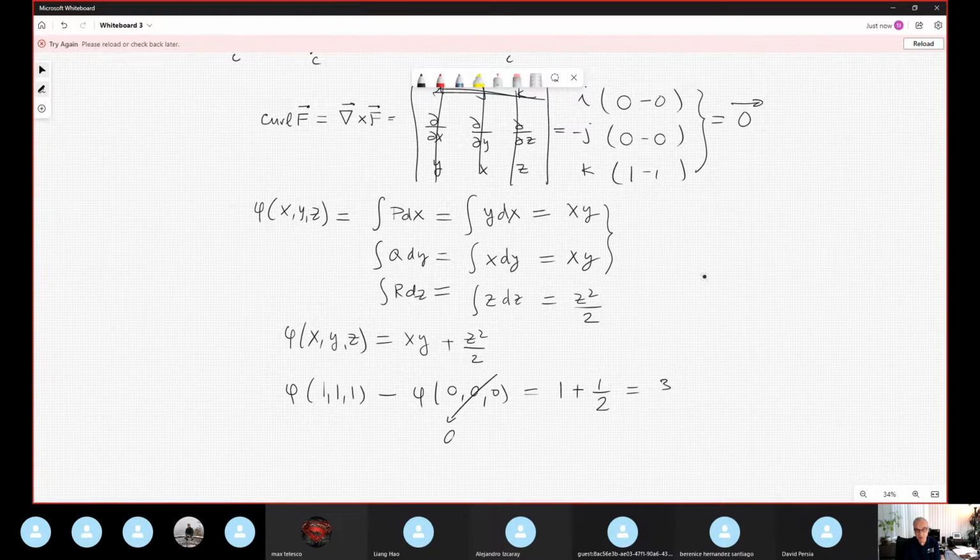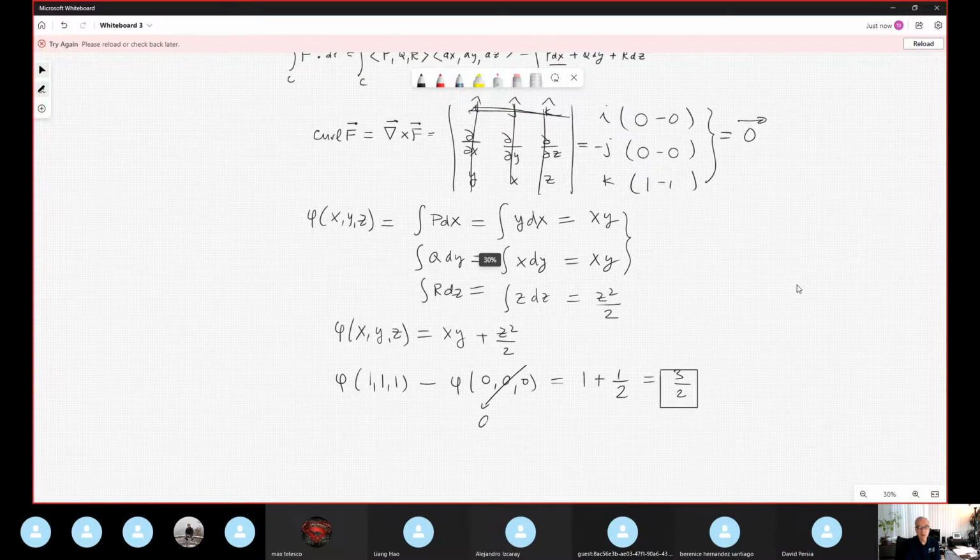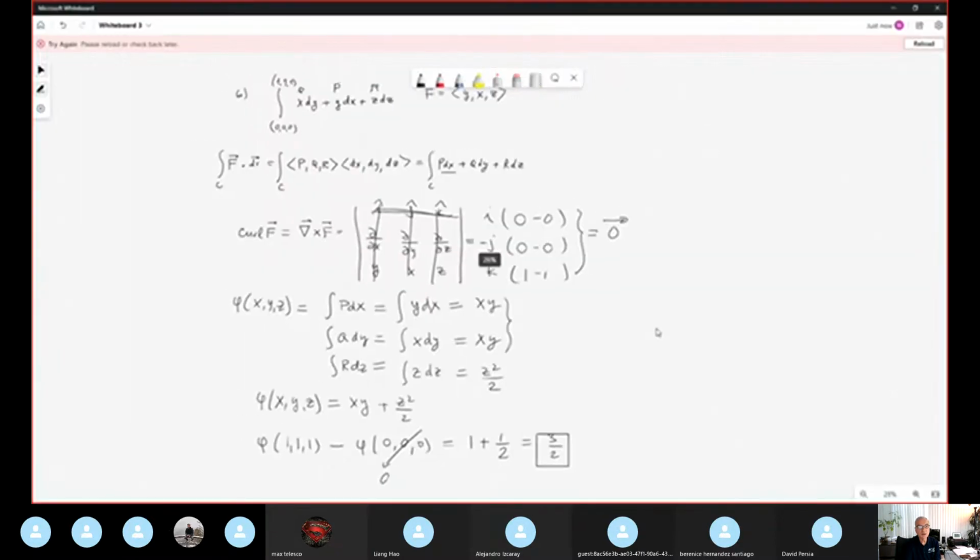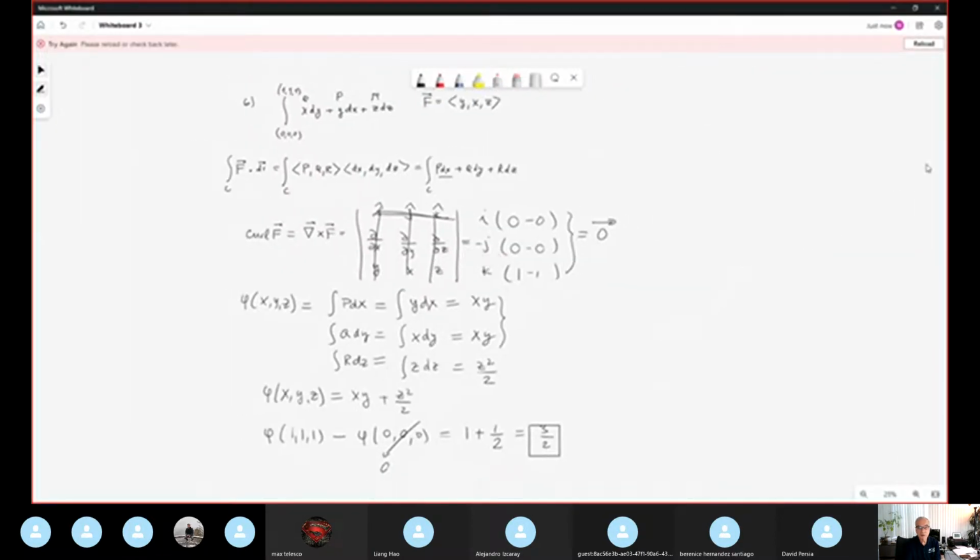Boom, final answer. This is the answer of the circulation line integral without doing any integral. Only another method: discover if the vector field associated with this integral is conservative or not, and find the potential function. Okay, cool.